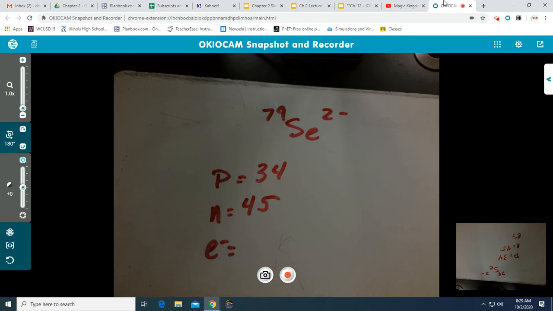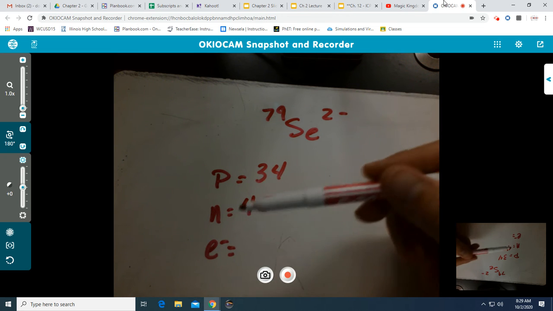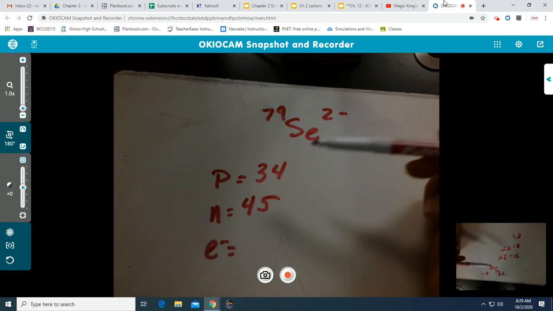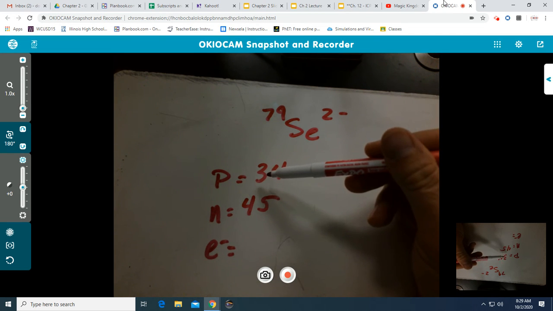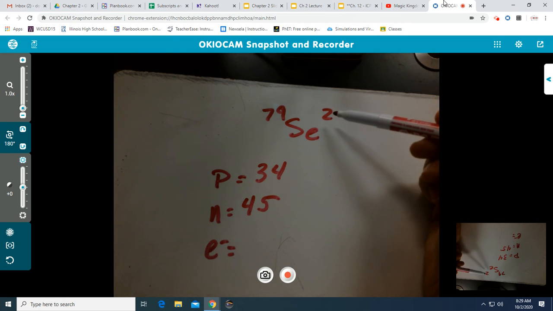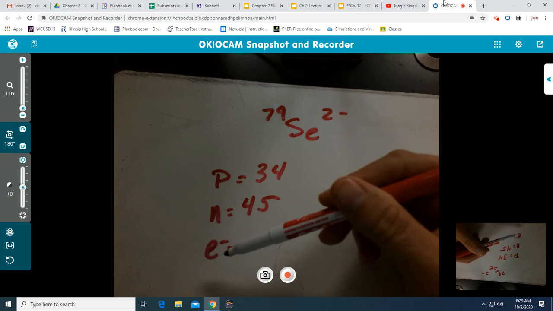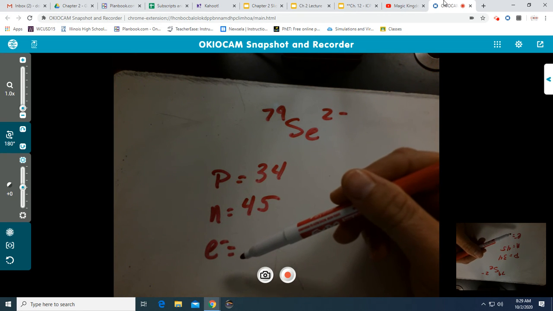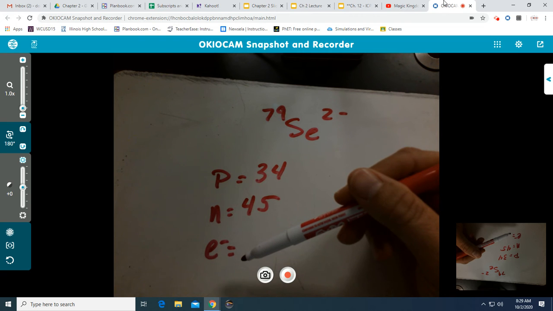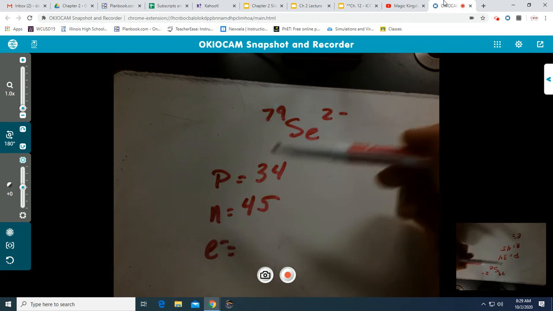Now, to determine the number of electrons, we said we had 34 protons. Then we have to look at the charge. So 2 minus. So how many electrons do you think we're going to have? Remember, it's a negative charge.